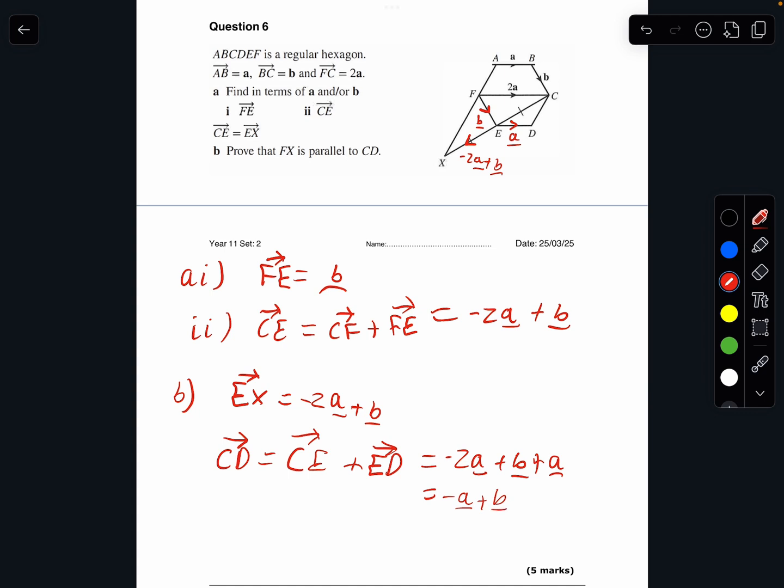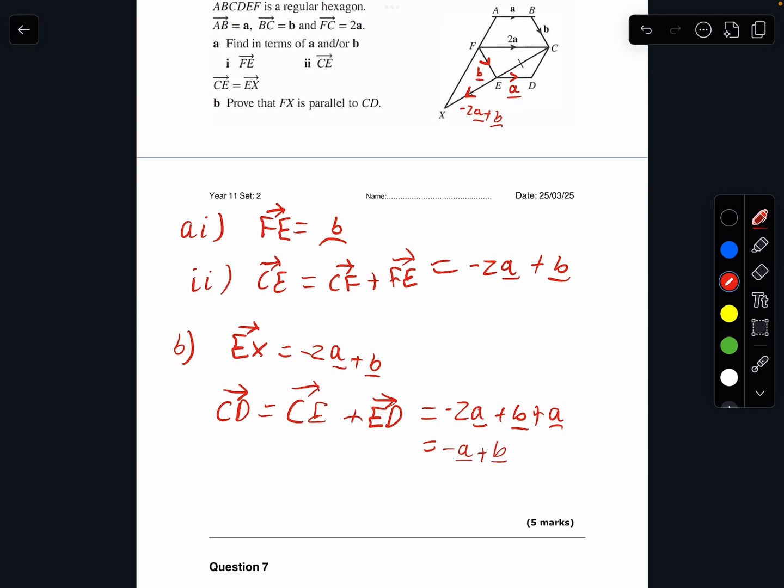Okay. Now I just need F to X. F to X is going to be F to E plus E to X, which is going to be b plus minus 2a plus b, which is going to be minus 2a plus 2b.